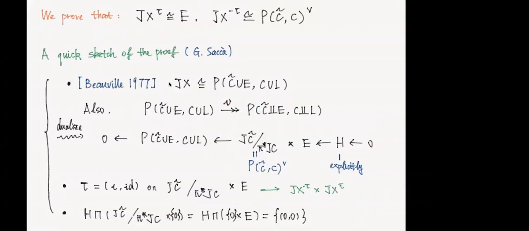In this case, we proved that the invariant part is again isomorphic to the elliptic curve. Let me say that this elliptic curve is exactly the intersection of S with pi.